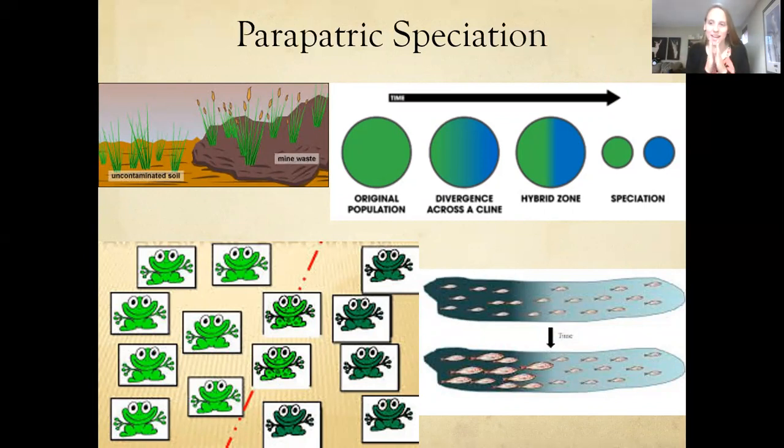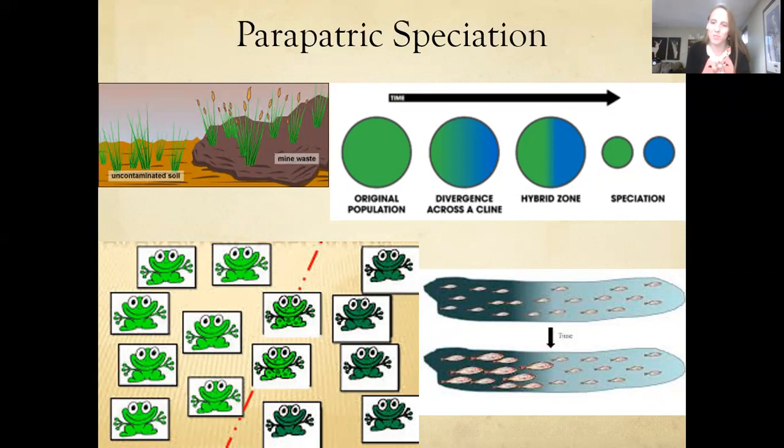And then in the middle, in the hybrid zone, you have individuals who are getting a mix of both of those traits. So maybe they're super fluffy, but also super skinny. Or they're short and stubby, but have no hair. Those mixtures of traits are not useful for anything.